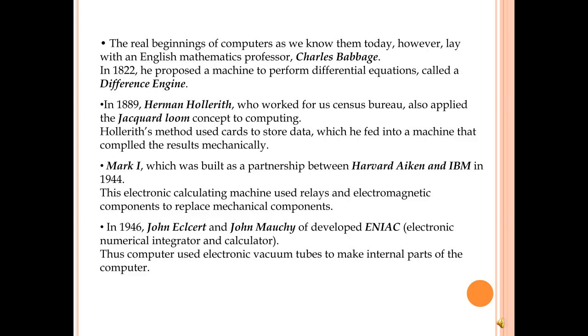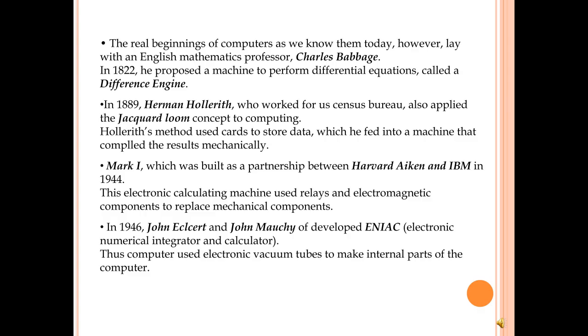After that, in 1946, John Eckert and John Mauchly developed ENIAC, the Electronic Numerical Integrator and Calculator. This computer used electronic vacuum tubes to make the internal parts of the computer. Now the time comes for 1946. In 1946, there are two inventors, two developers.